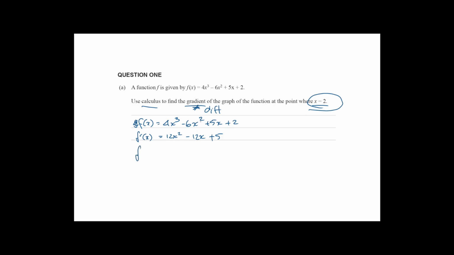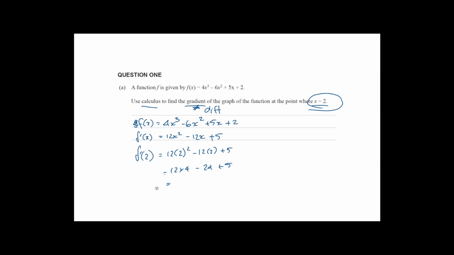So we're going to put in 2 in this case, 12 times 2 squared minus 12 times 2 plus 5. So it's going to be 12 times 4 minus 24 plus 5.